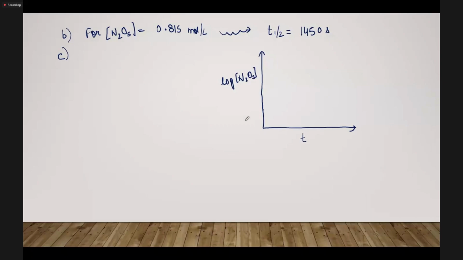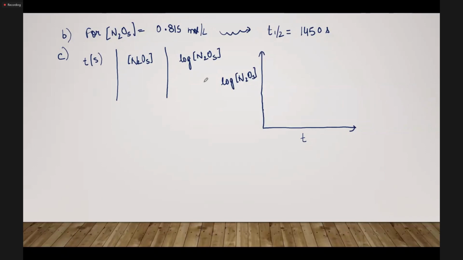You simply make a table like this. This is the time in seconds. This is the actual N2O5 value given in the data, and then you make a third column of log N2O5. You complete this table and you will get the final values of log N2O5 at a particular time.